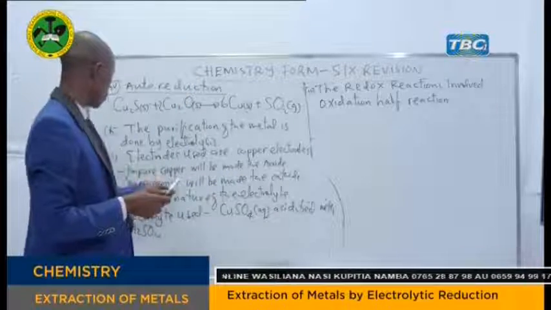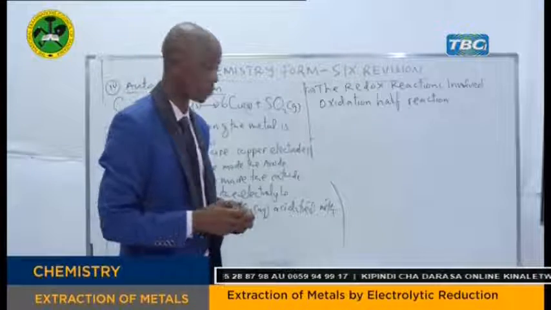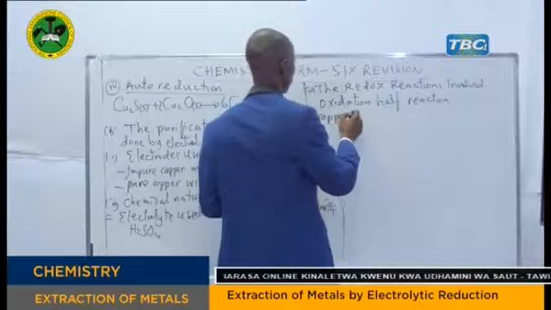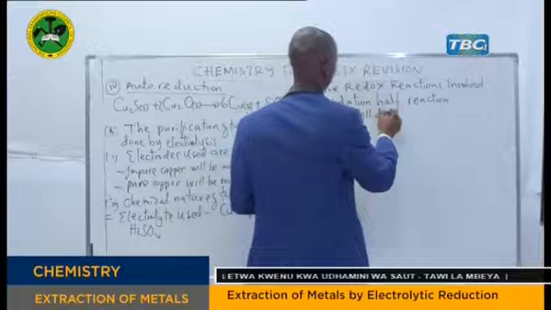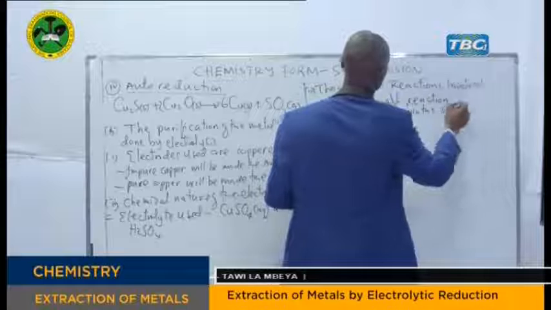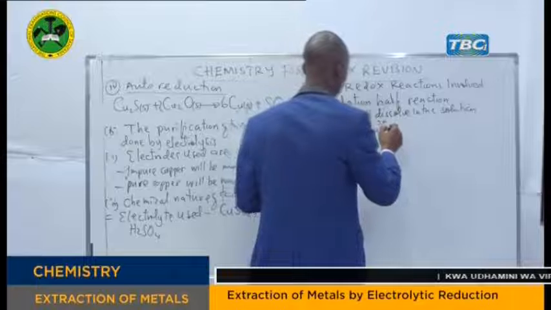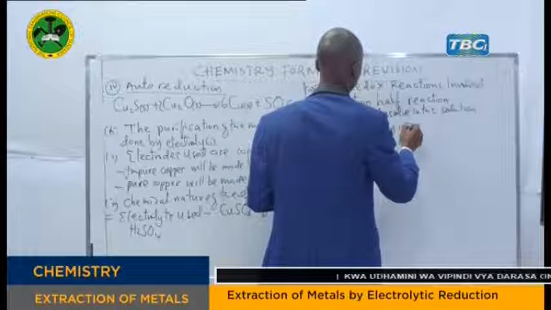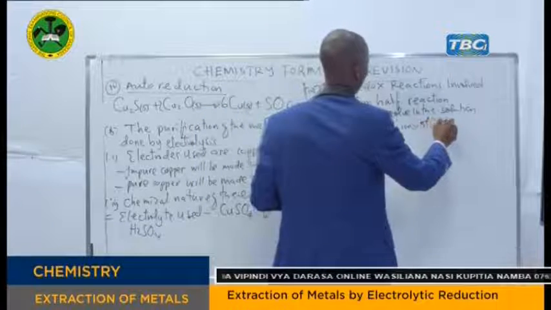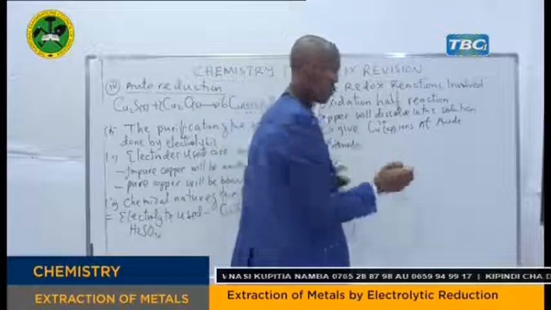That means this impure copper will dissolve into this electrolyte in the solution, producing copper 2 ions, and that is oxidation. Therefore, at anode, we are going to have the following.